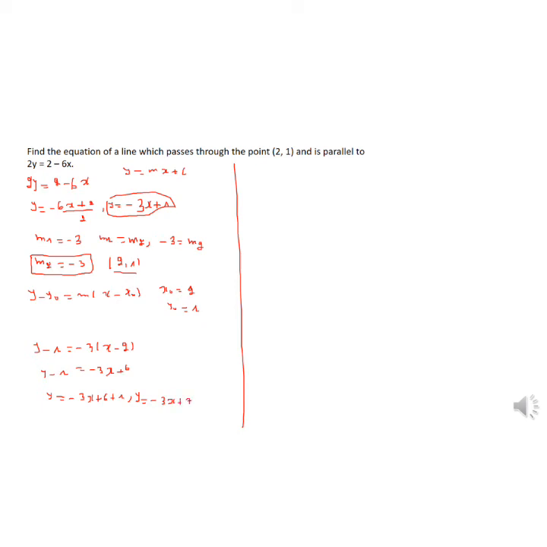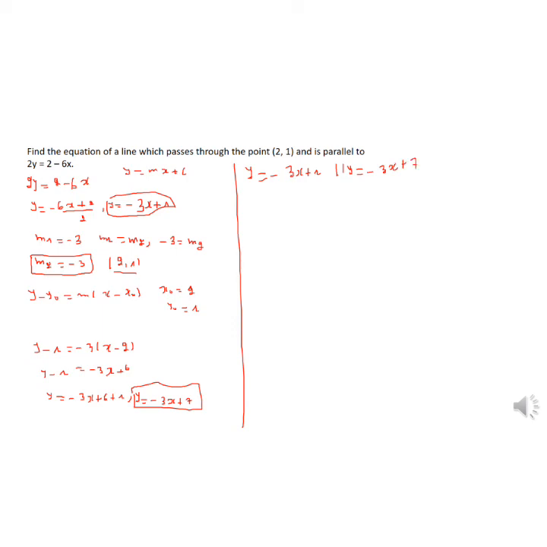So now this is the second equation of the line. You conclude that the first equation y is equal to negative 3x plus 1 is parallel to the second equation y, which is equal to negative 3x plus 7.